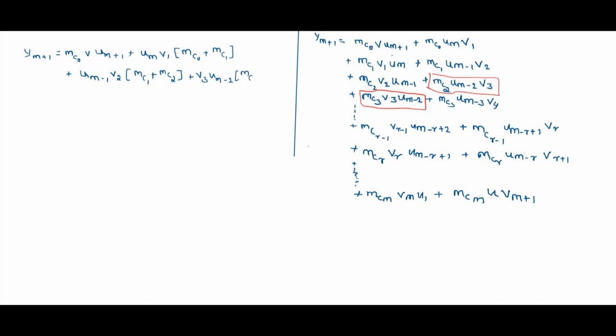Here we are left with MC2 plus MC3, plus, continuing in the same way.